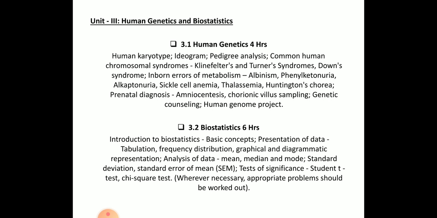And along with that, standard error of mean. While collecting data in the field, you will not get complete 100% data, so there will be some error, so that is standard error of mean. Then there are some tests for significance, student t-test and chi-square test. So these are the important topics which will be covered in unit 3.